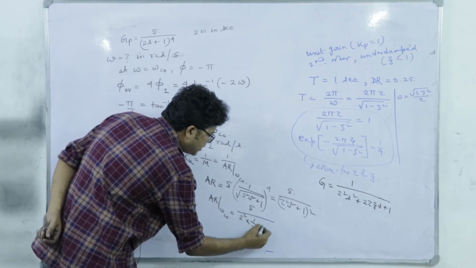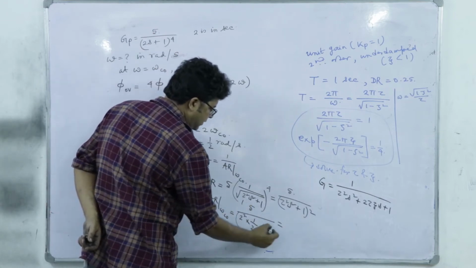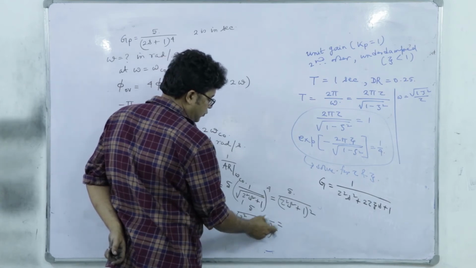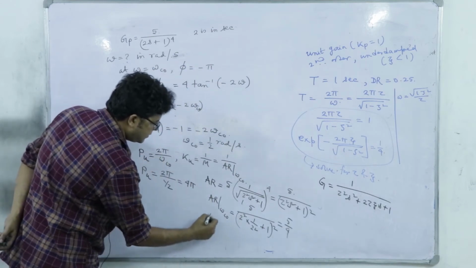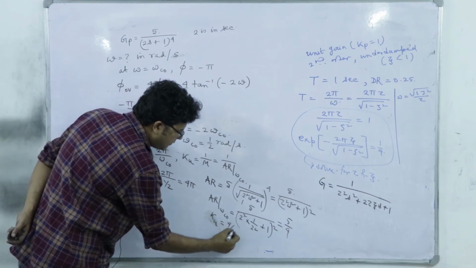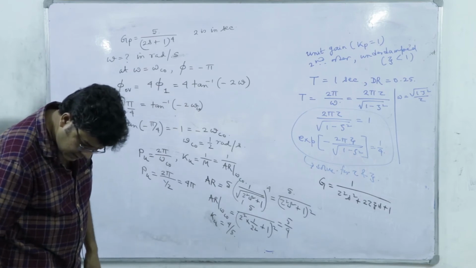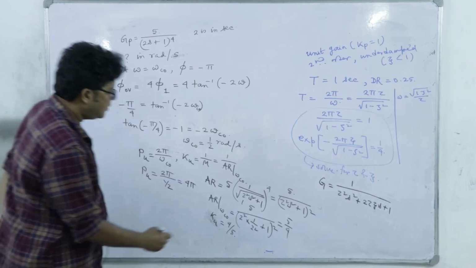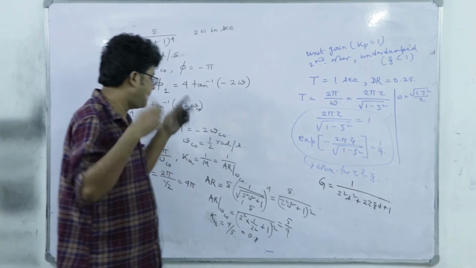So, 1 plus 1 is 2, 2 square 4. So, it is 5 by 4. So, here Ku becomes 4 by 5 because it is 1 by m, right. So, it is 0.8, 4 by 5, that is 0.8. So, that is the problem.